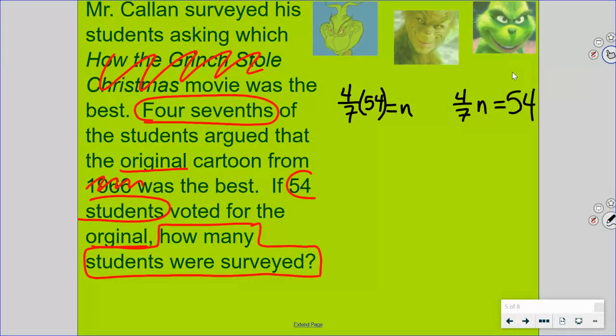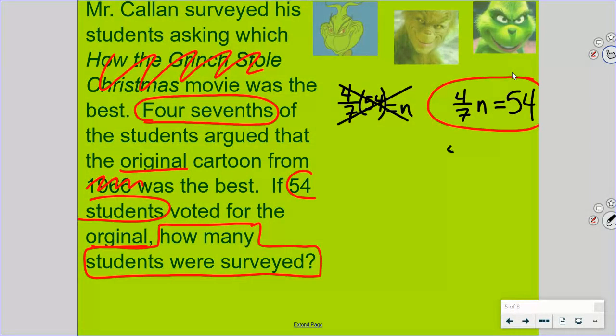And in this case, what we do know is we have the part. So we need the equation 4/7 of some mystery number of the total is equal to 54. So that pretty much is the most important part, turning the verbal sentences into algebraic sentences. In other words, turn the words into math.